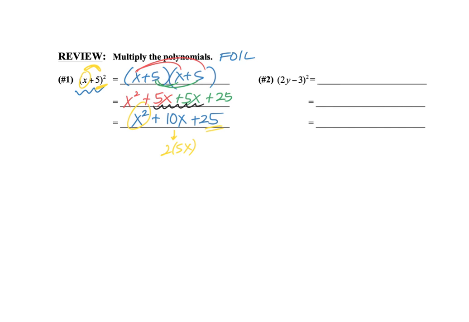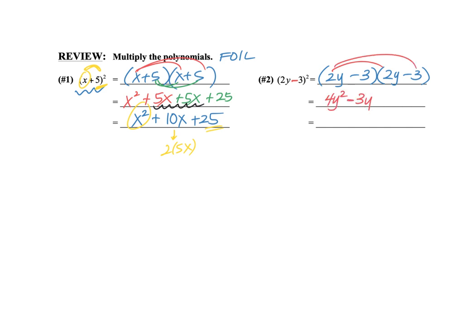So let's see what happens when I do this again. On number 2, the biggest difference I notice is that this says minus. They're obviously different numbers, but if I square this, I'm writing 2y minus 3 times 2y minus 3 again. And I'm going to FOIL that again. So first would be that 4y squared.